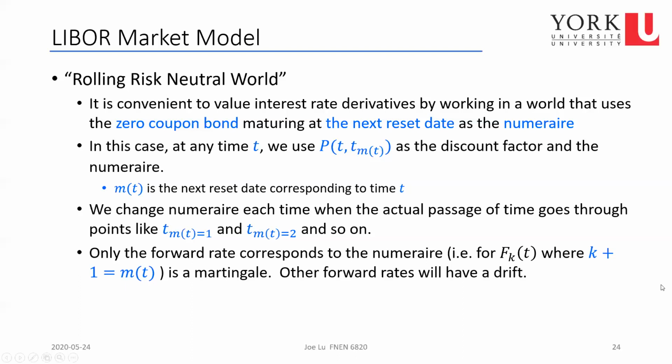Then K3, K4, and K5 will still have drift. They're different drifts, but they will have drift. But K2 will have zero drift because we have selected a numeraire asset corresponding to that. That makes the process a martingale process.